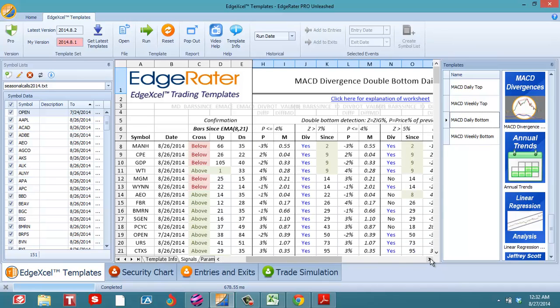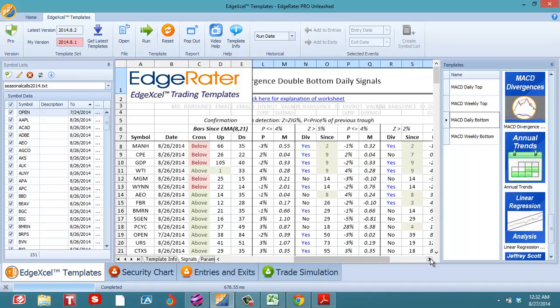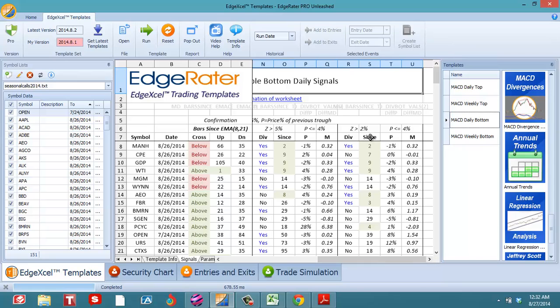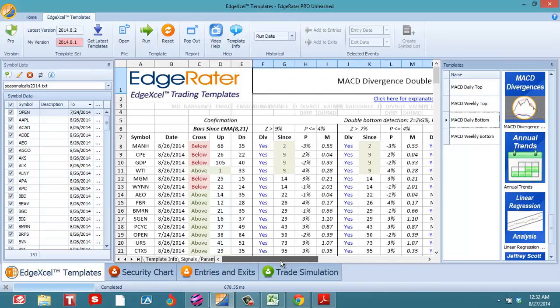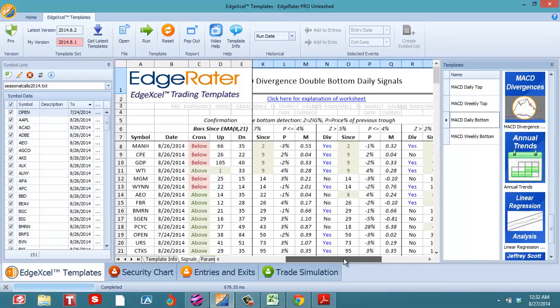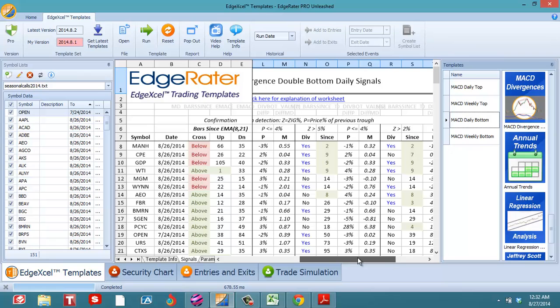And now I can see stocks, and there are different levels of divergence. You can see the Z2, a Z5 right here, Z7, and a Z9. So we could look for divergence in all these factors here.